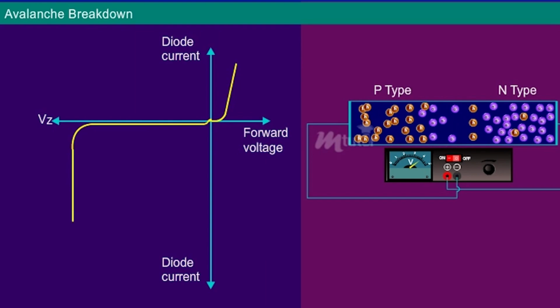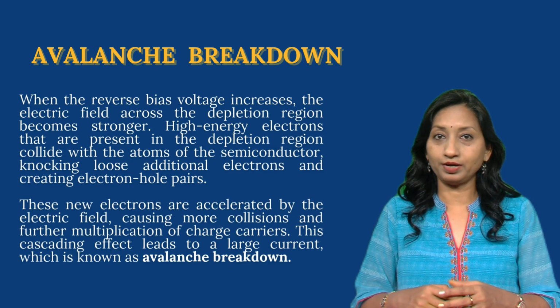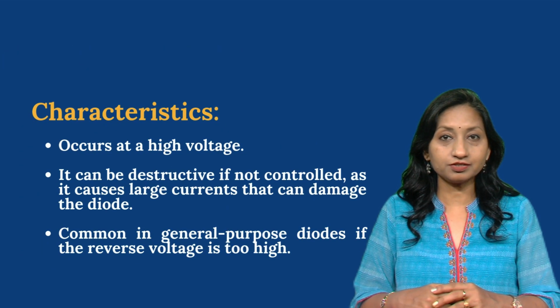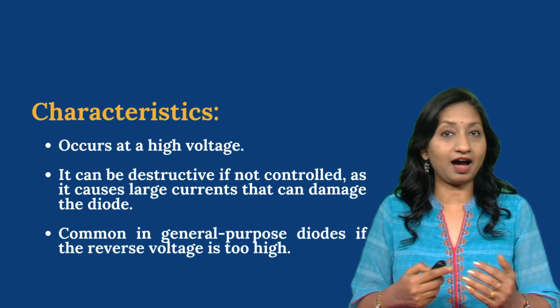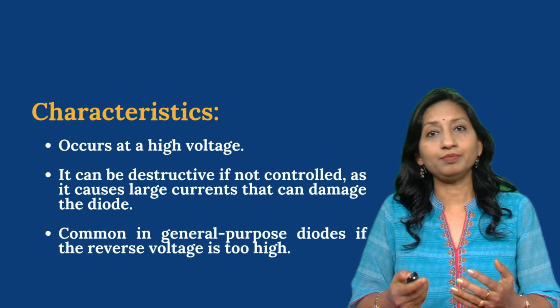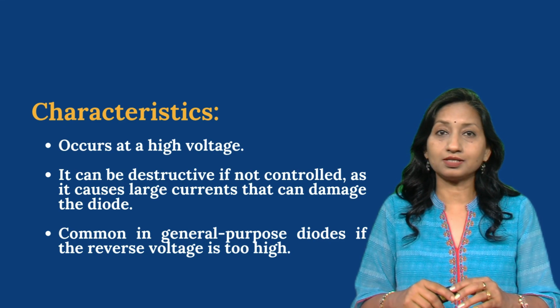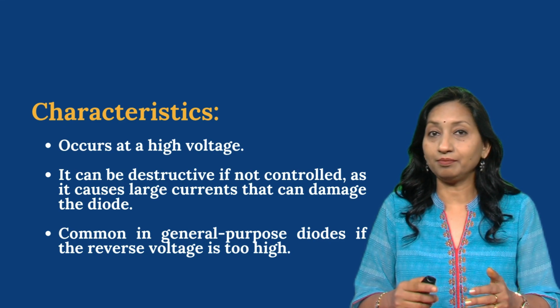This cascading effect leads to a large current, which is known as avalanche breakdown. Some characteristics are: it occurs at high voltage, and it can be destructive if not controlled, as it causes large current that can damage the diode.